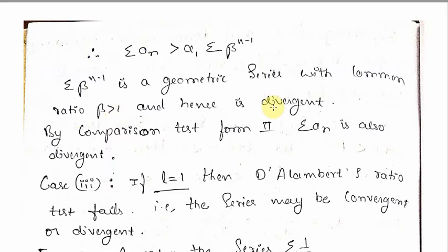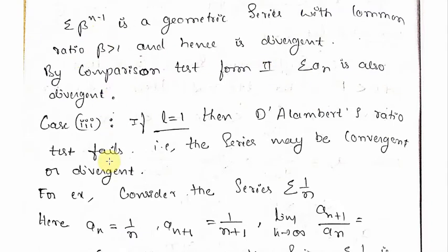So it is divergent. We know how the geometric series behaves. According to that, this being a geometric series with a common ratio greater than 1, it is divergent. And so, by second comparison test, sigma a_n is also divergent. So, this completes case 2.